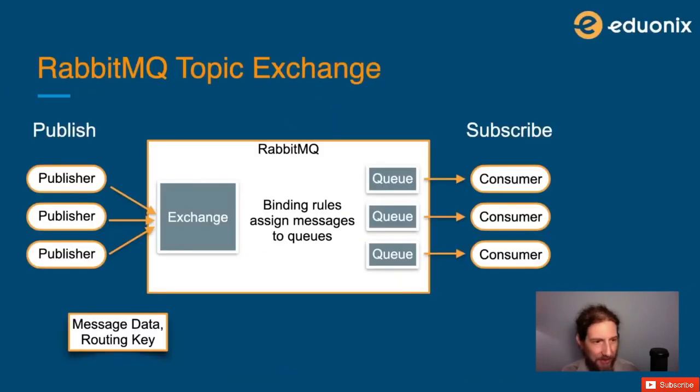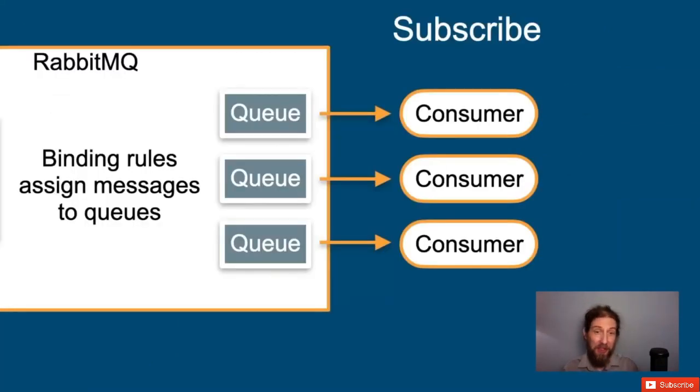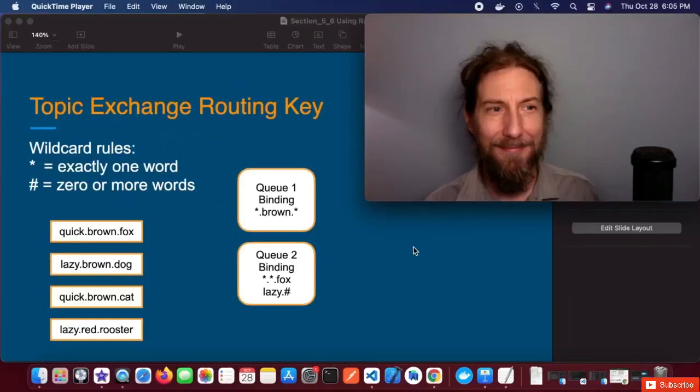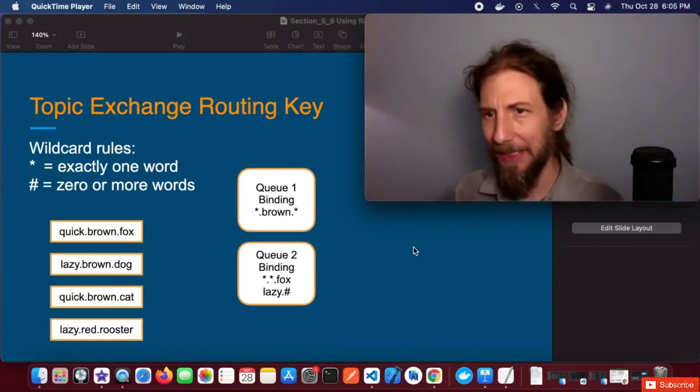The messages are sent to the exchange within RabbitMQ. The binding rules then sort the messages according to their routing key, and the messages are then sent to the proper queue. Consumers can subscribe to the queue, and then they will receive the message with its associated data. For topic exchange, we can use wildcards for our binding patterns.